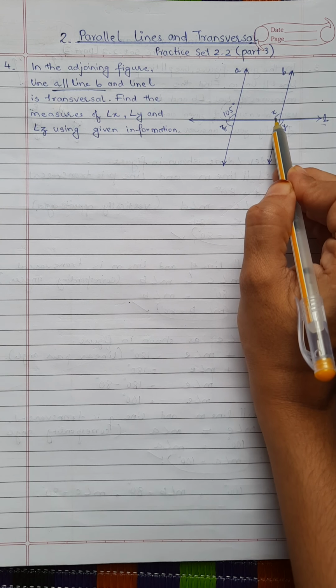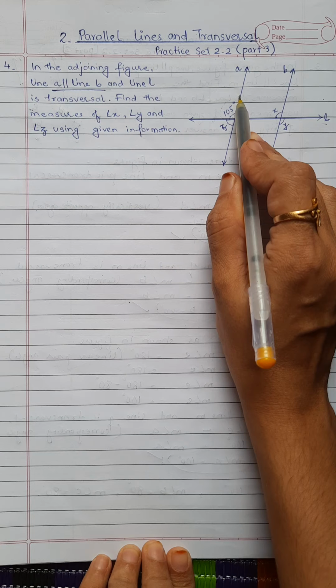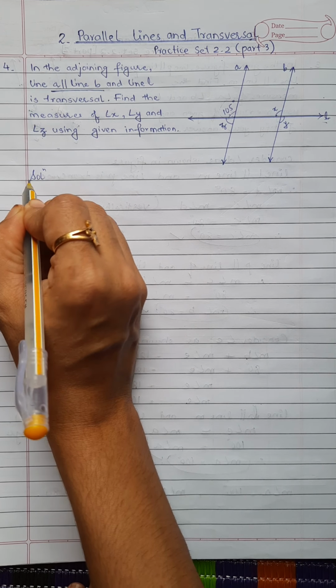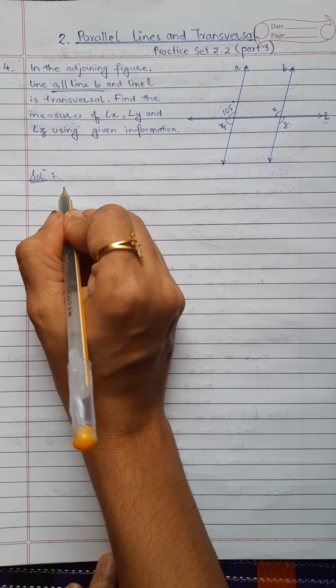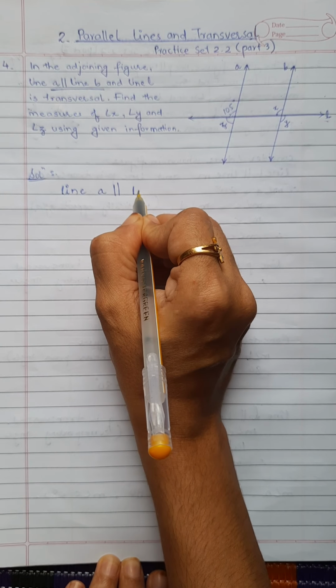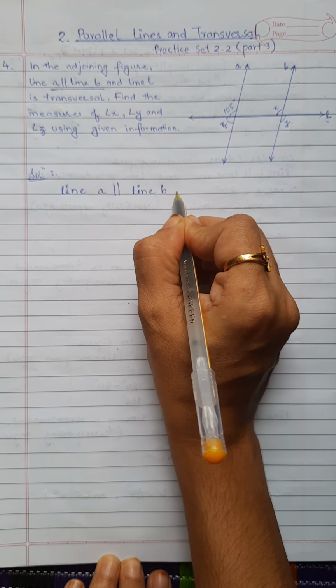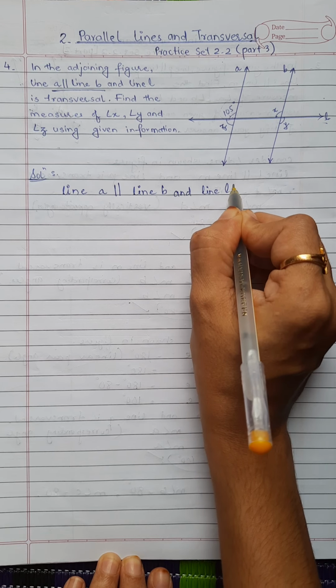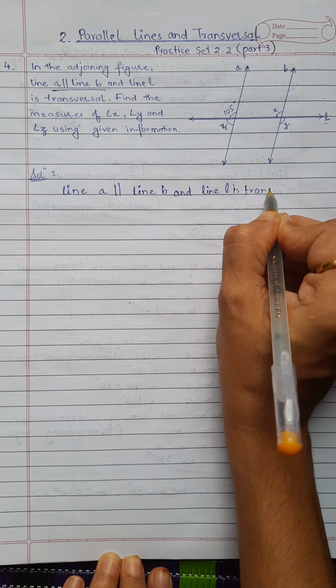So in the same way we will start. Write what the parallel lines are and the transversal. Start your solution with the same thing. Line A is parallel to line B and line L is the transversal.